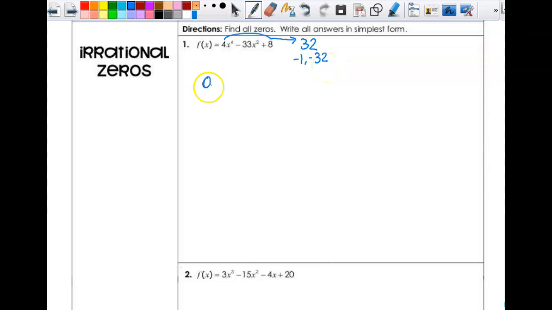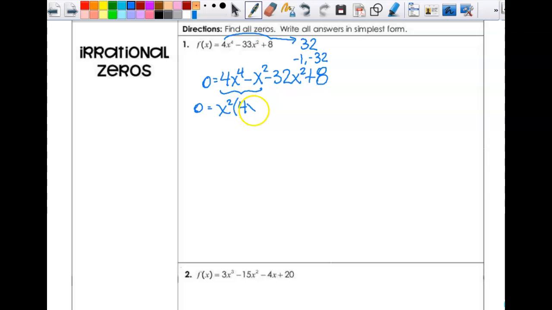So then I have 0 equals 4x to the 4th. Remember, I figured this out so I can split this term, and that'll give me negative x squared minus 32x squared plus 8. All right, so then I'm going to factor by grouping. Out of these two, I can take out an x squared.